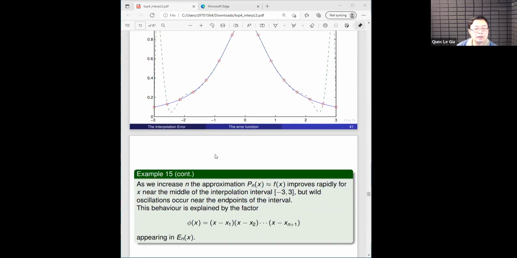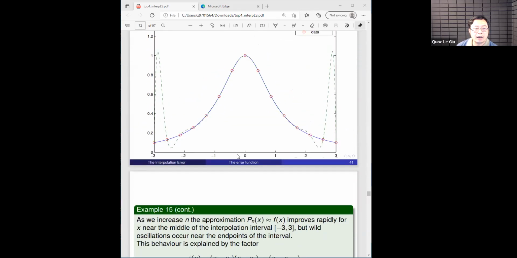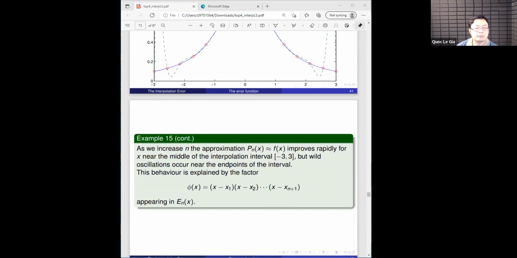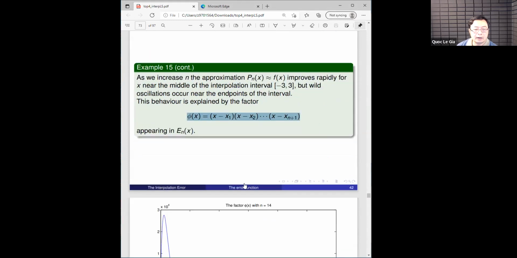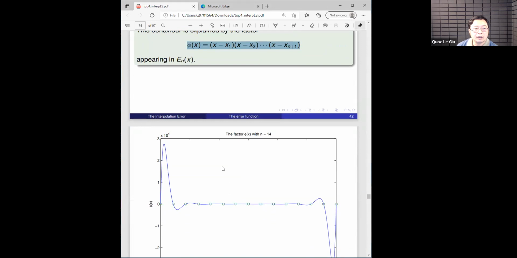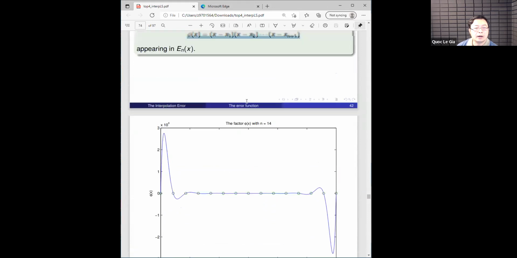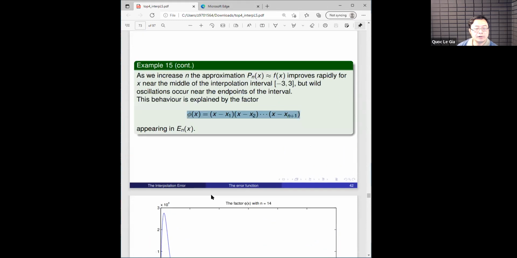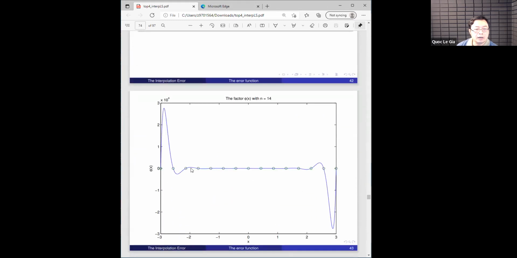Now we can explain that, because if you look at this factor, phi x, the product of x minus x1 up to x minus xn in the error function, then you can plot it, and you see that the factor phi x in the error function is very close to 0 in the middle points, but it becomes huge, right?